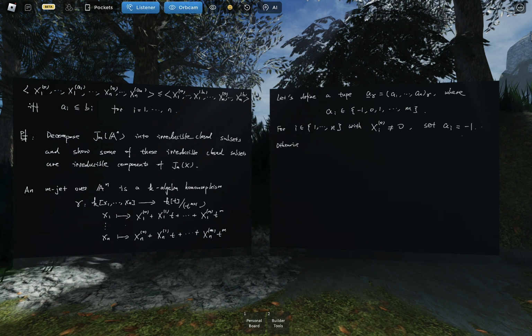Otherwise, define ai to be the maximum number with the property that xij equals 0 for all j greater than or equal to 1 and less than or equal to ai.